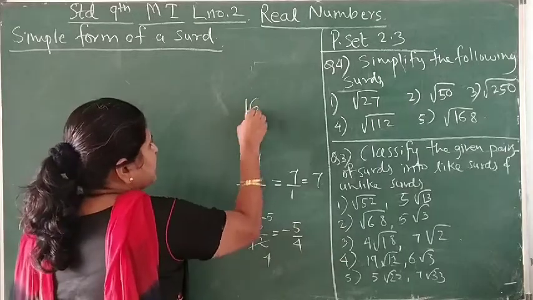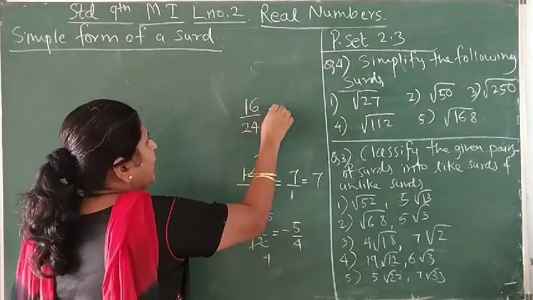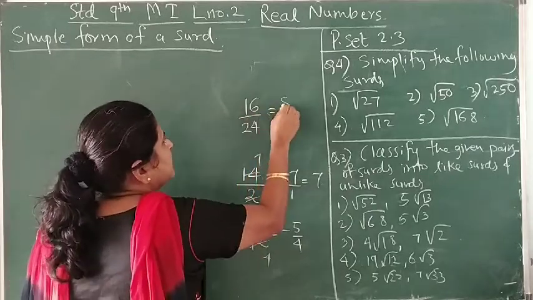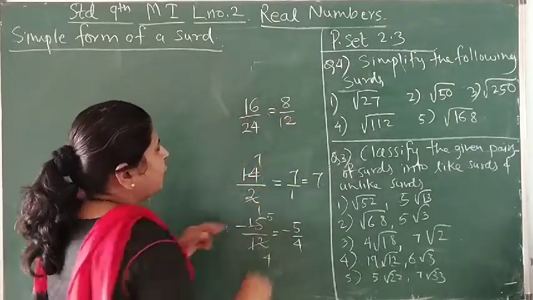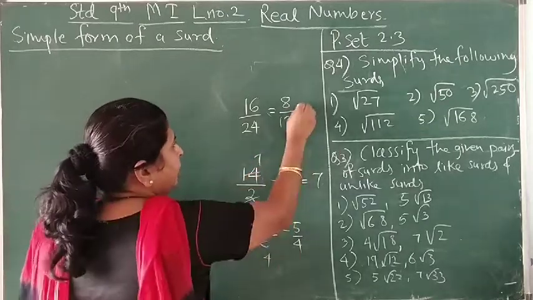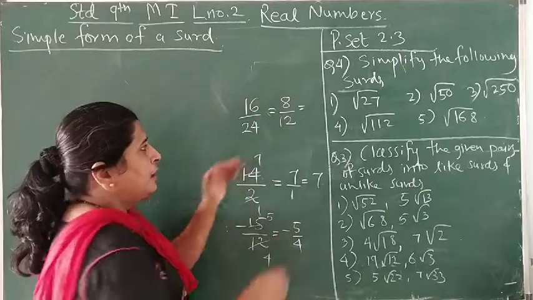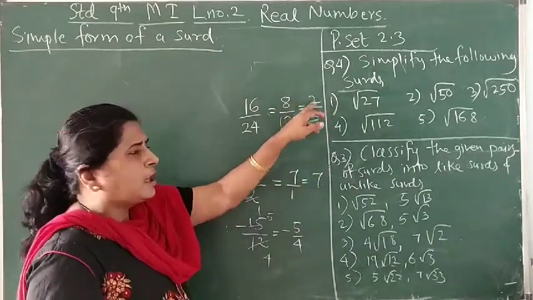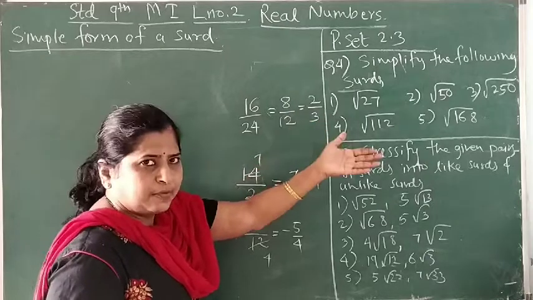Say for example, 16 upon 24. If you divide these two numbers by 2, you find that 2 eights are 16, 2 twelves are 24. Still these two numbers are divisible further, so you have to divide again. If you divide by 4, you get 4 twos are 8 and 4 threes are 12. Now 2 and 3 are co-primes and not divisible further.